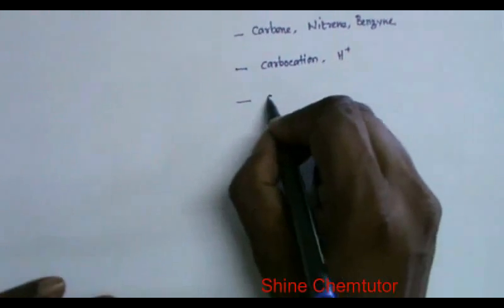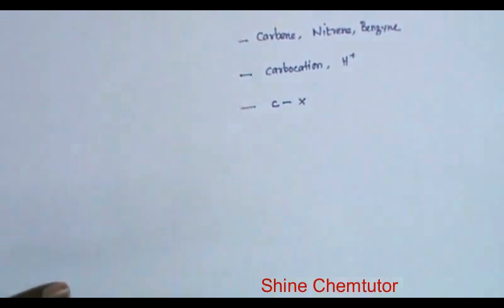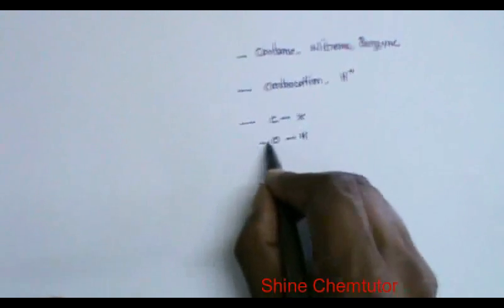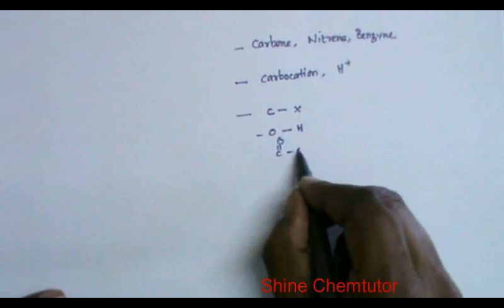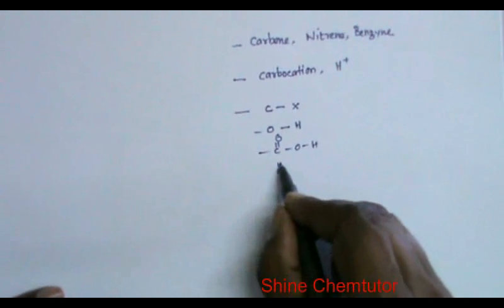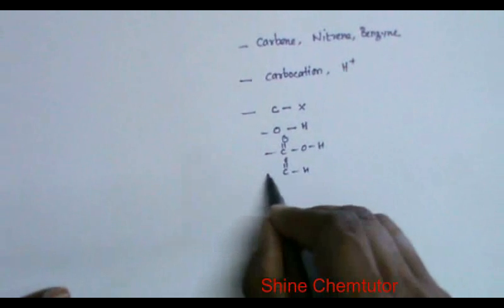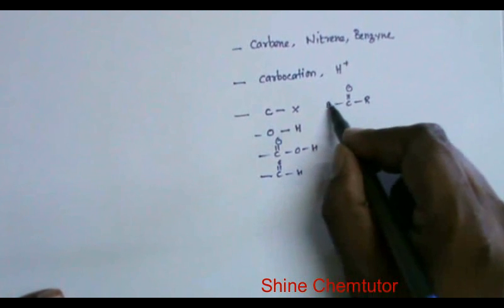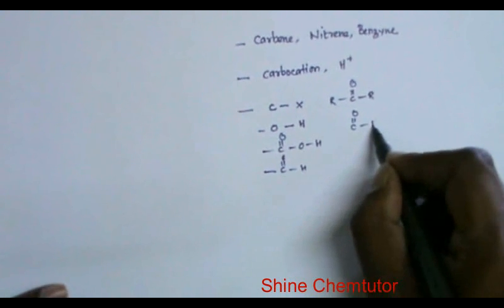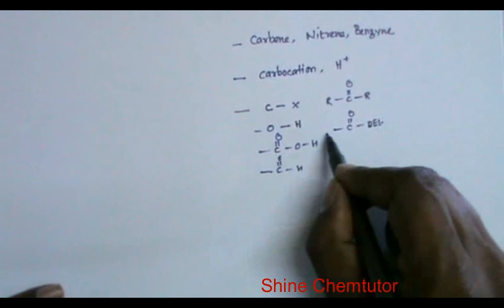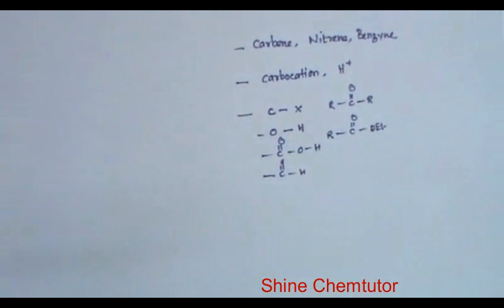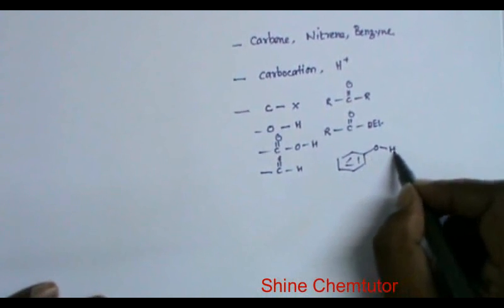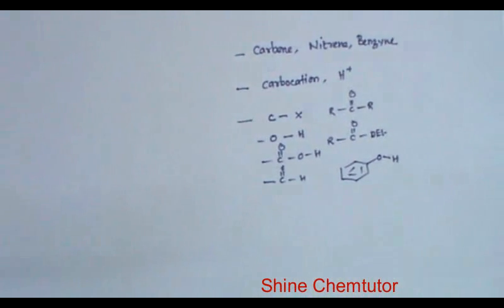For example, I go for halide, alcohol, acid, aldehyde, ketone, ester, and it goes like this.